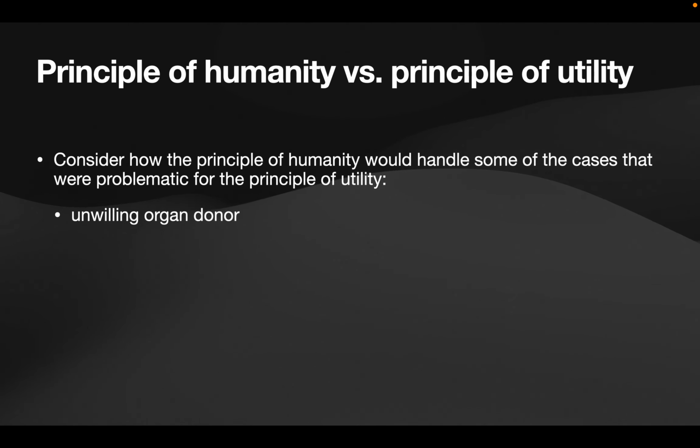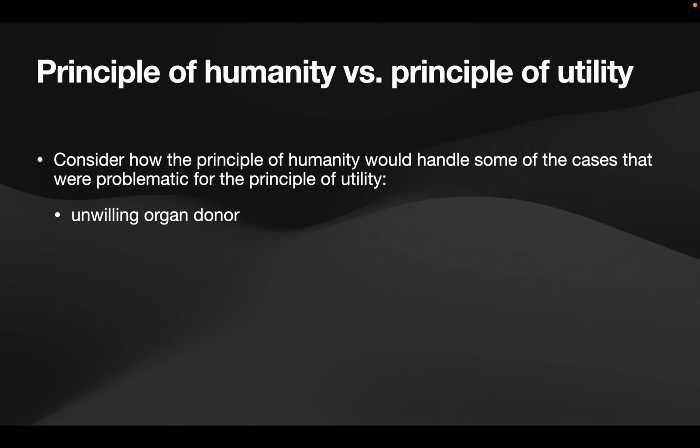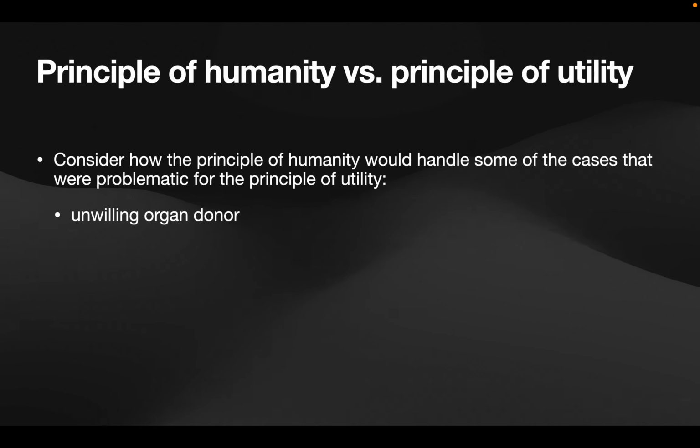And notice how the principle of humanity acknowledges and shows what's wrong with that. Why? Well, even if we admit that, yes, killing this person would bring about an increase in net well-being, we save 5 lives, and think not only about those 5 lives, but the families of those people that are affected, etc. Clearly, just like the trolley scenario, it seems like taking the one life is going to increase net well-being. But the principle of humanity says, yeah, that's all true, but that doesn't matter.